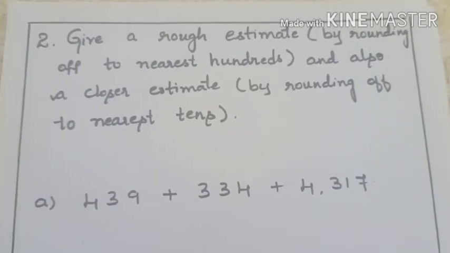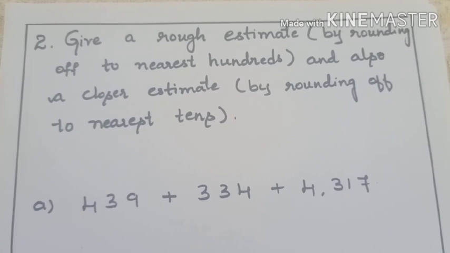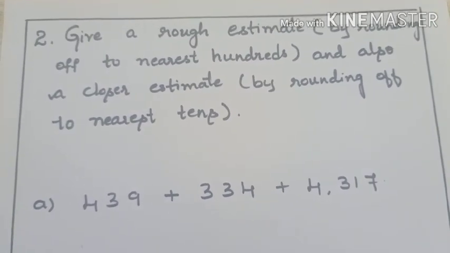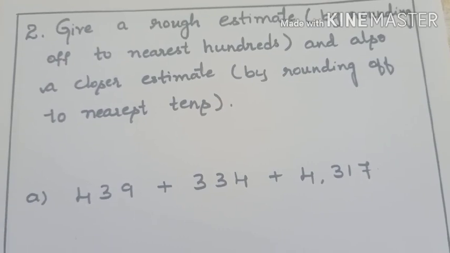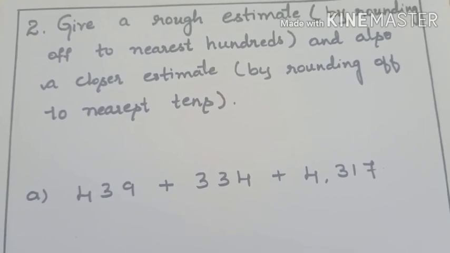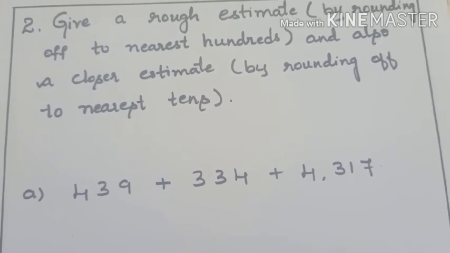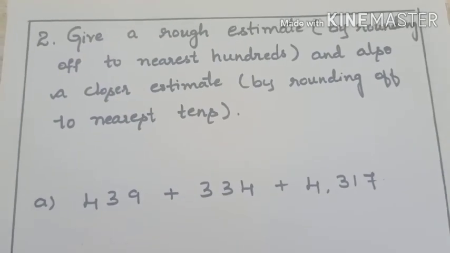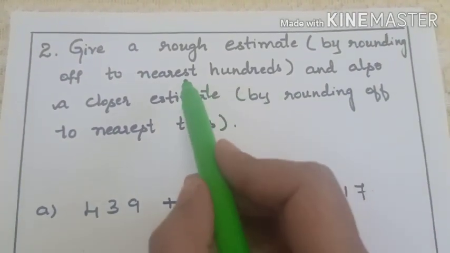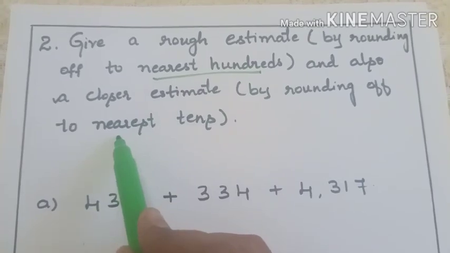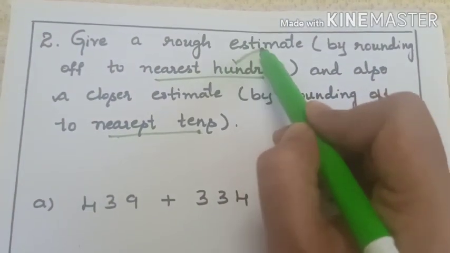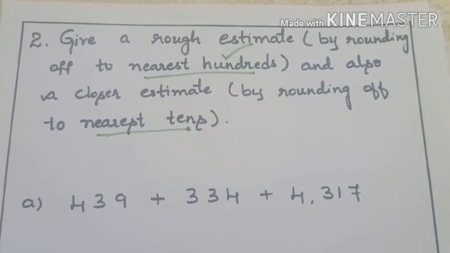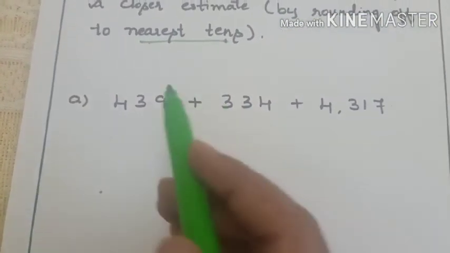Yes. Look at this question. Give a rough estimate by rounding off to the nearest hundreds and also a closer estimate by rounding off to the nearest tens. So here they have asked us to round off to the nearest hundreds and also to the nearest tens. Let's round off to the nearest hundreds first. So here are the numbers.